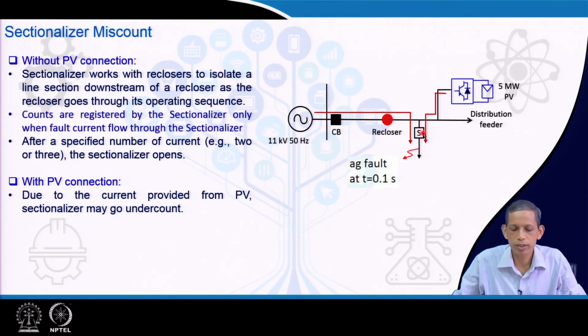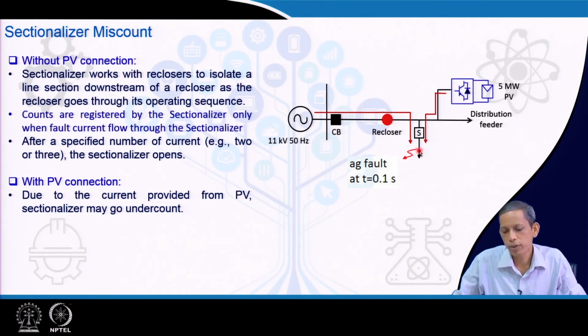What it does is, if a downstream fault happens, the recloser assumes it is a temporary fault and the recloser operates multiple times, 2 or 3, depending upon the setting.